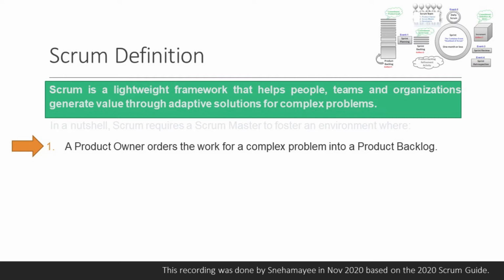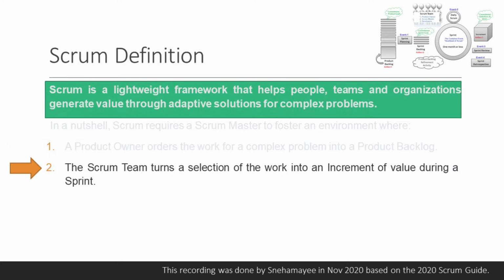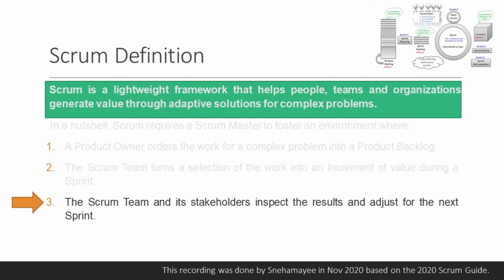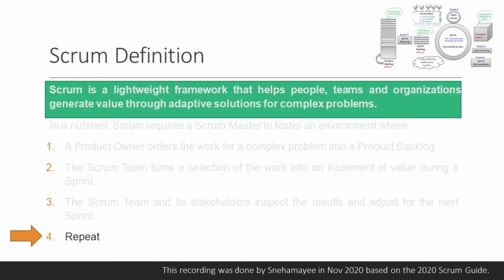A Product Owner orders the work for a complex problem into a Product Backlog. 2. The Scrum Team turns a selection of the work into an Increment of value during a Sprint. 3. The Scrum Team and its stakeholders inspect the results and adjust for the next Sprint. 4. Repeat.